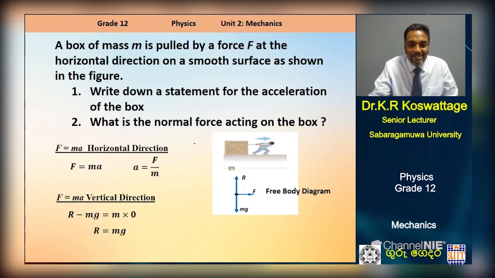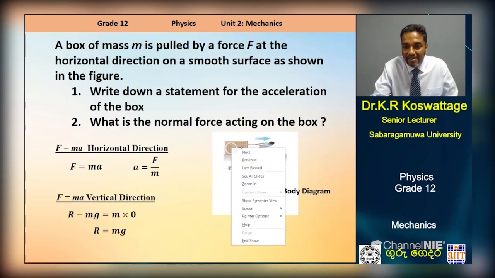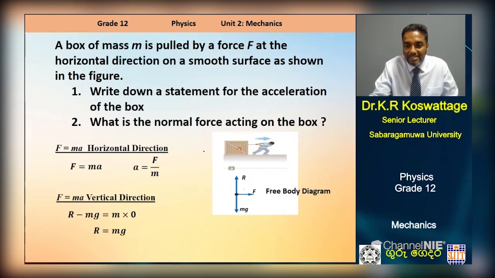Question number 2: we have a box of mass M pulled by force F, and this is happening on a smooth surface, so we can say a frictionless surface.